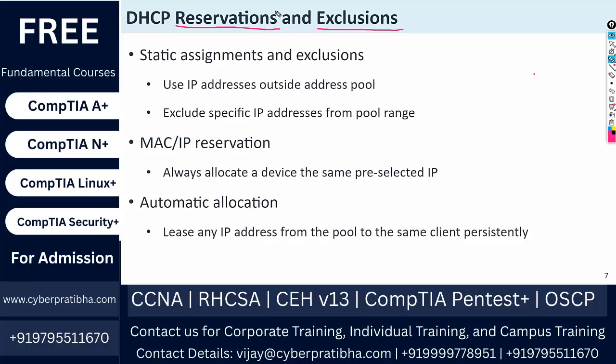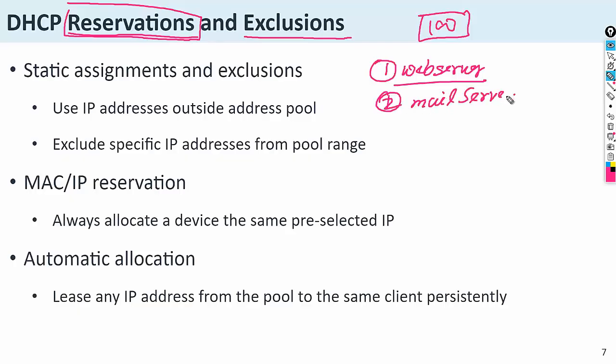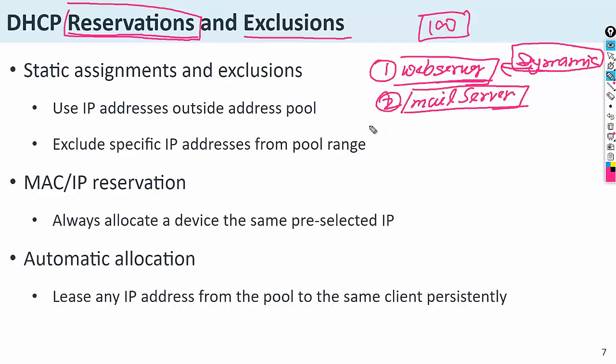Two things: one is reservation. For example, there are 100 computers inside your organization. One is a web server and another is a mail server. For the web server and mail server, you cannot provide a dynamic IP address. Why? Because if the IP address changes, the web server or the mail server will not be accessible.